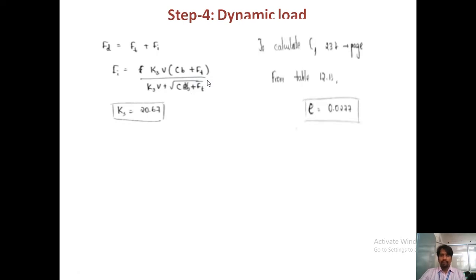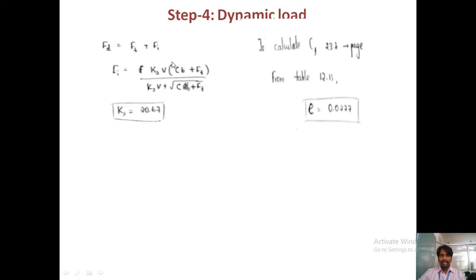In this equation, K3 is fixed irrespective of the data given for the pinion and gear. Take K3 equal to 20.67, which is given in the data handbook itself. And velocity is known, depending upon the diameter we calculated in the first step itself. And b is known, and Ft is known from the previous step itself.